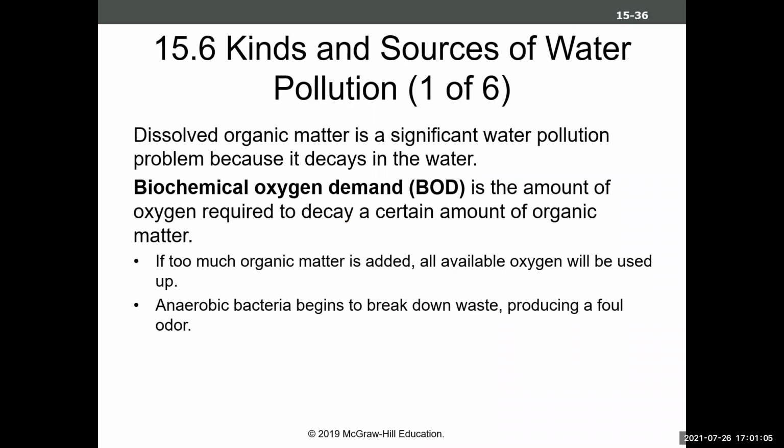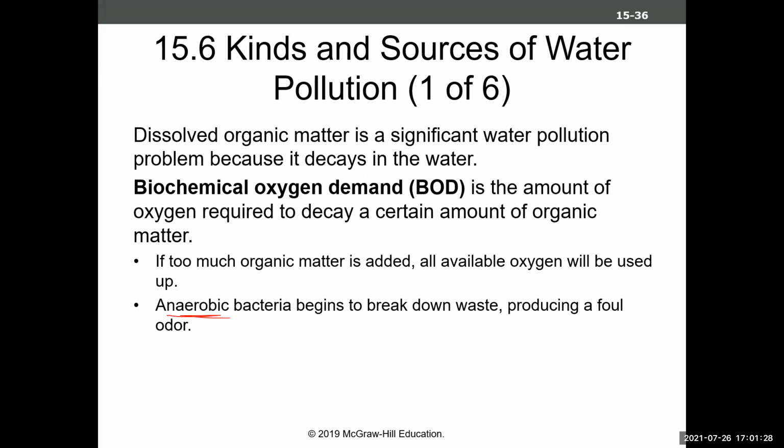And another factor for this is that once all of the oxygen is used up, the anaerobic bacteria will then start to break down waste. This is bacteria that breaks down organic matter without the presence of oxygen, and that produces this kind of foul odor, almost like a rotten egg sulfur-based smell.